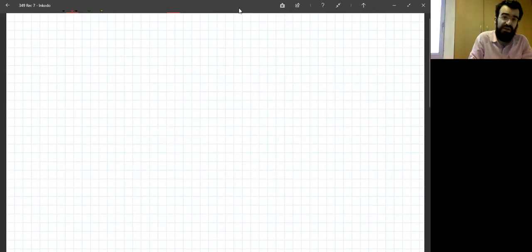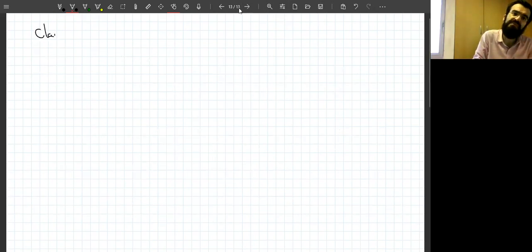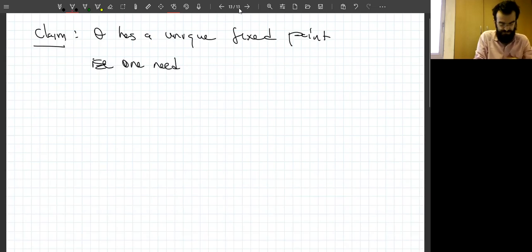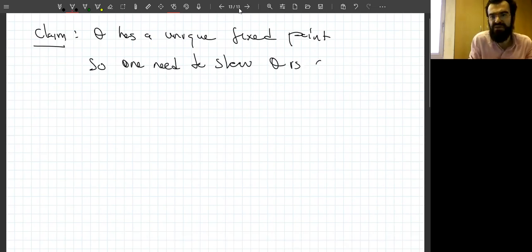Now our claim in the beginning: our theta function has a unique fixed point. One needs to show our theta is a contracting mapping.